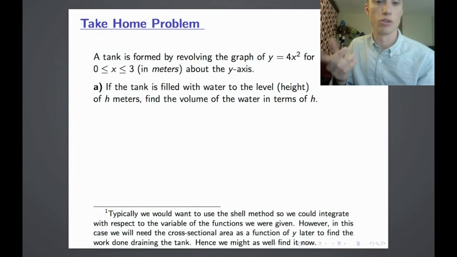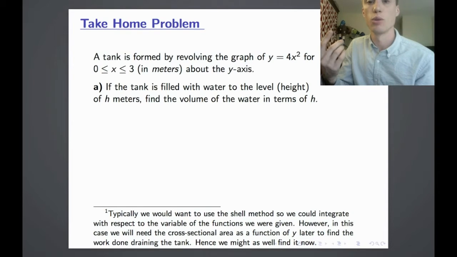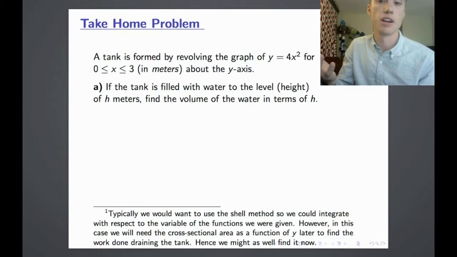Those three curves bound a region, and we can revolve that region around the y-axis. We can either use shells or washers to find the volume. Since we're revolving about the y-axis and our function is given in terms of x, one might think that the best option would be shells.